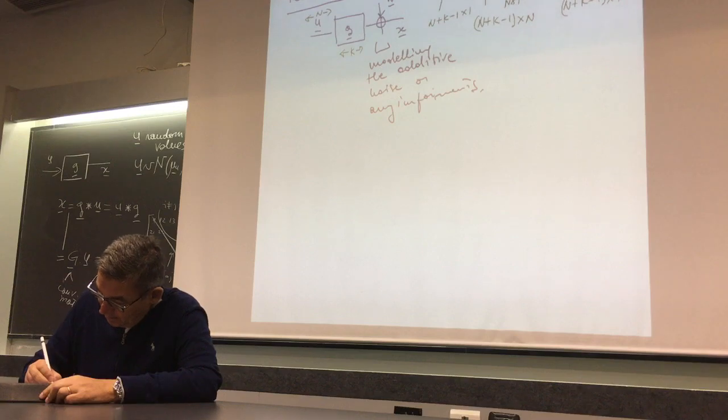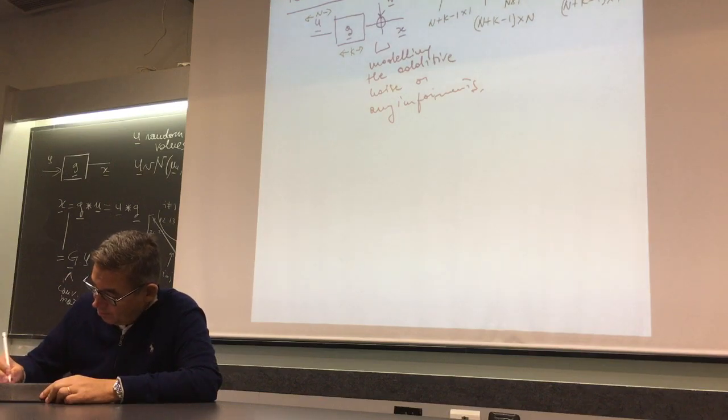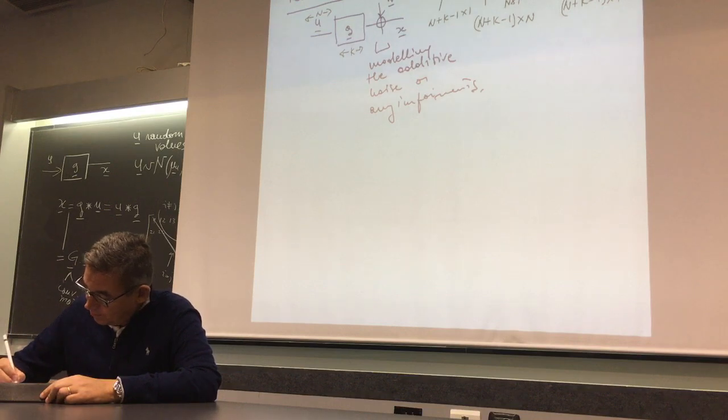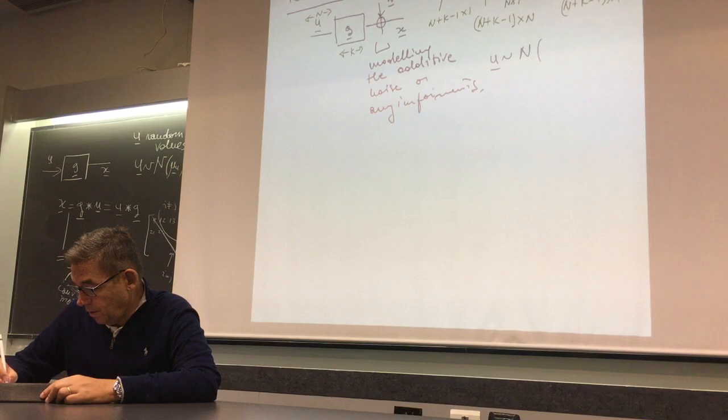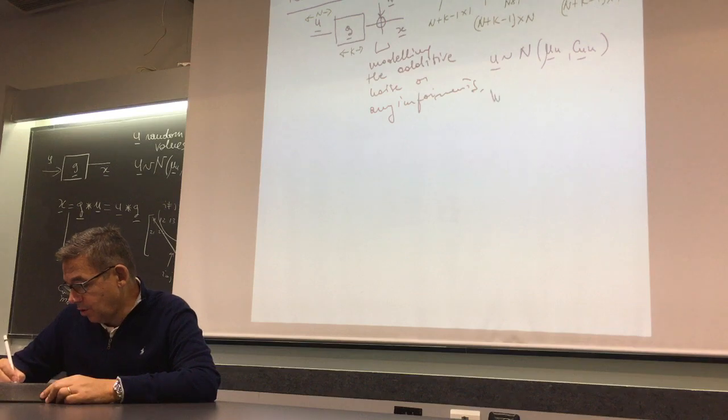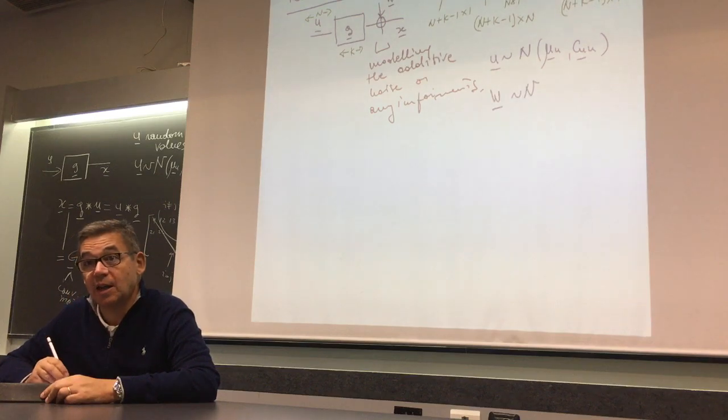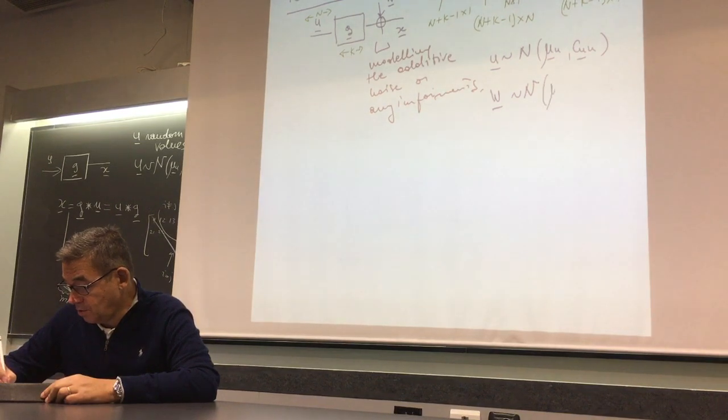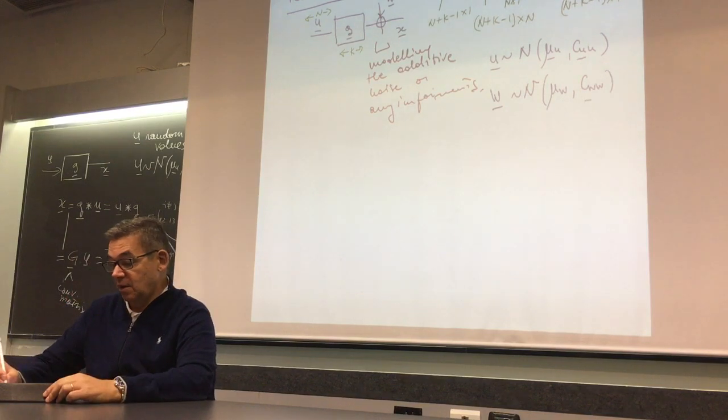Assume that U, let me write lower, let's make the assumption here: U is normal with a mean mu U and with a covariance CUU. Let's say that W is a normal in itself, with a mean mu W and a covariance CWW.